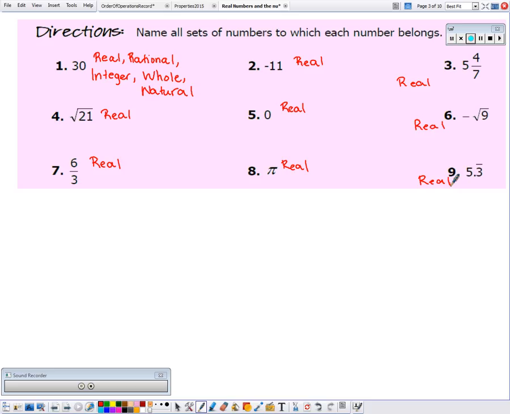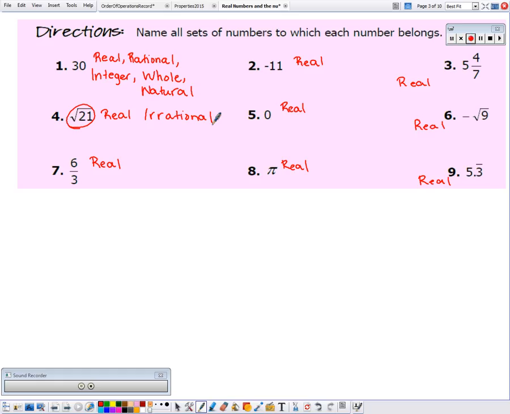So what numbers are irrational? Your square roots that are not perfect square roots are irrational. Because if you take the square root of 21 in your calculator, you get a decimal that doesn't have a pattern to it or repeat.